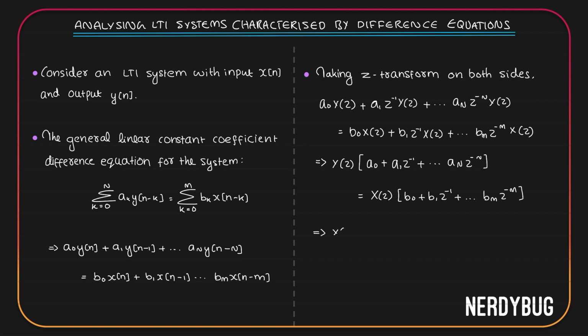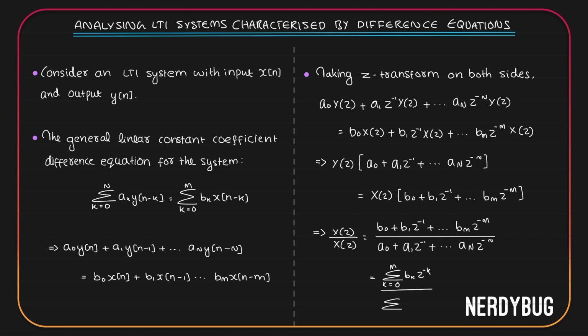From this, we can write y of z divided by x of z. It will be this divided by this. We can write the denominator and the numerator as a summation. So this becomes summation from k equals 0 to m bk z raised to minus k divided by summation from k equal to 0 to n ak z raised to minus k.